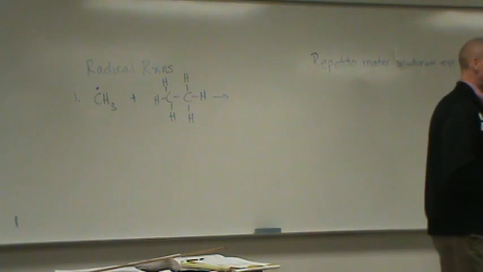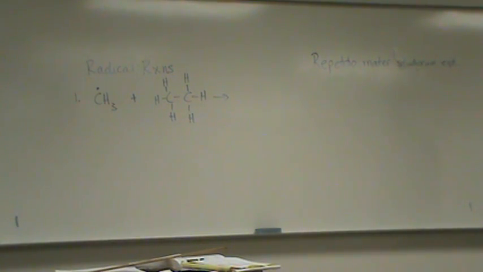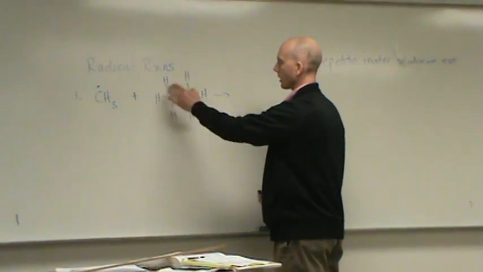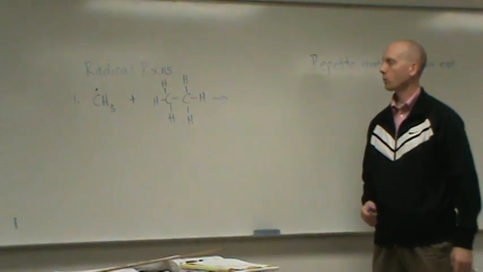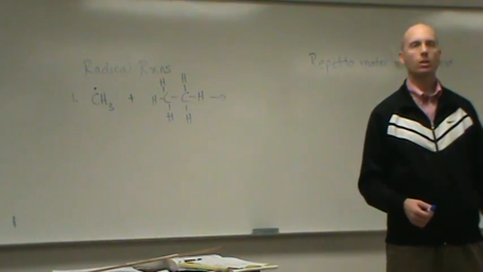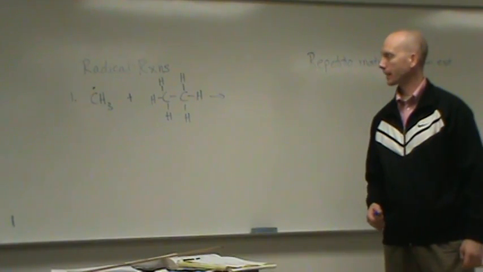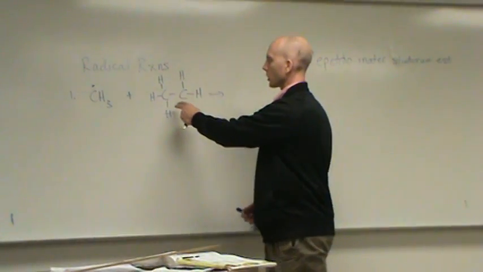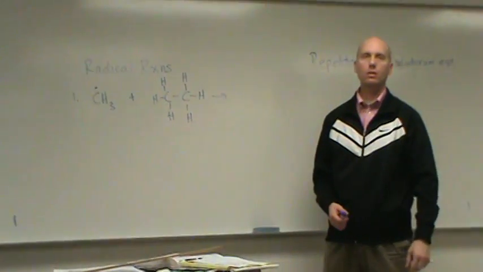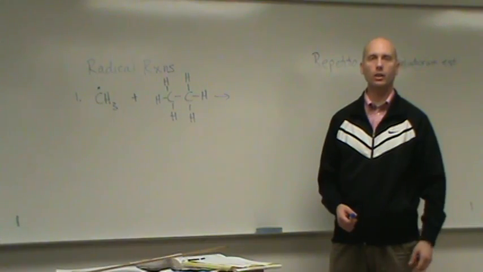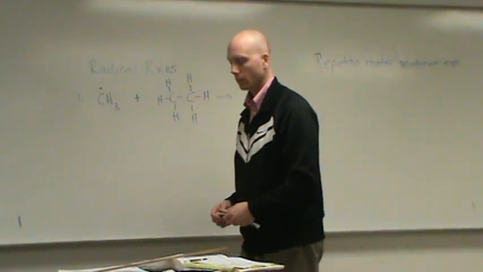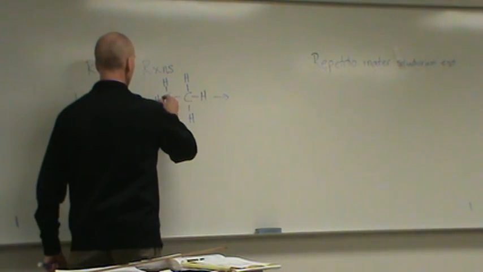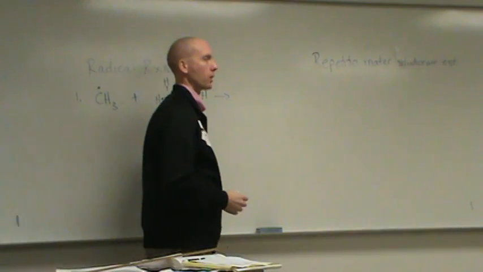In the first one, let's take a methyl radical and let's react it with a molecule of ethane. What's going to happen? Okay? Well, this methyl radical wants an electron from here. So how's it going to take an electron? Well, let's focus in on one of the bonds.